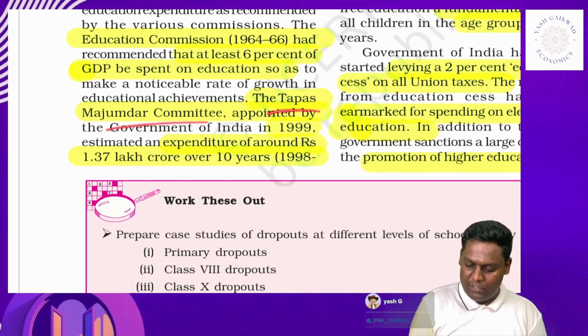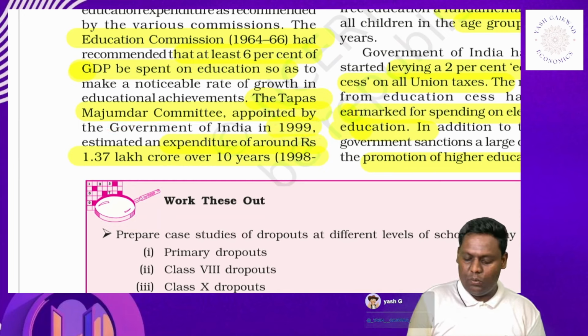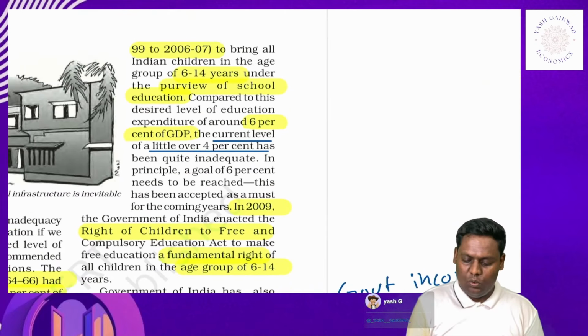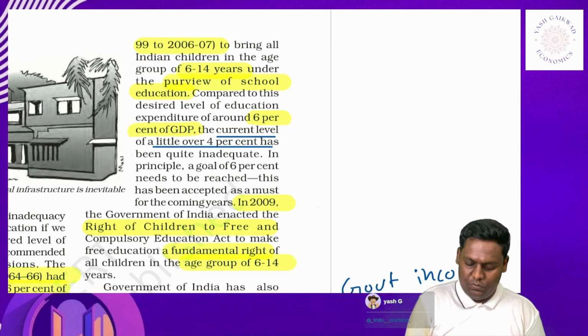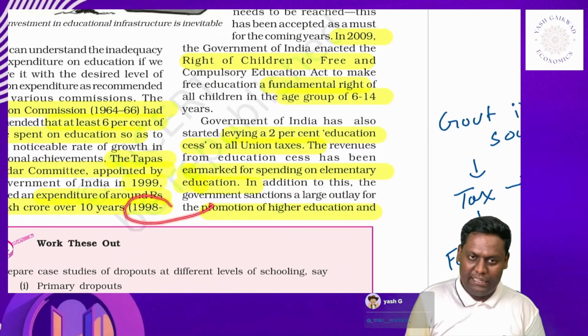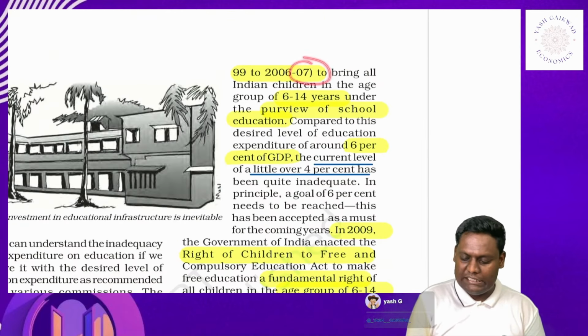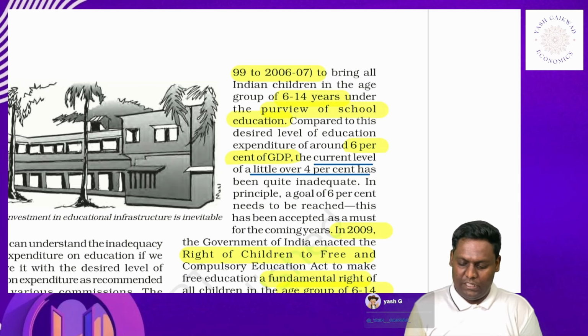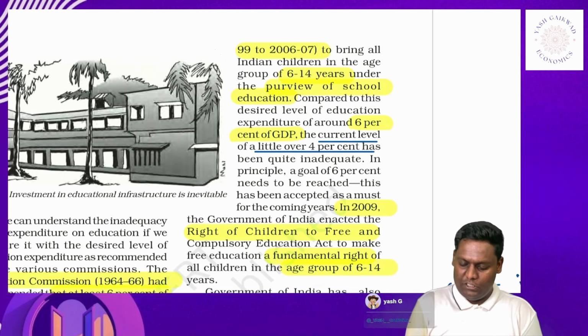The Tapas Majumdar Committee, appointed in the year 1999, also estimated that an overall expenditure of 1.37 lakh crores is what the government would need to spend over a period from 1998 to 2007 to bring every child between the ages of 6 and 14 under compulsory education, that is, under the purview of primary education.